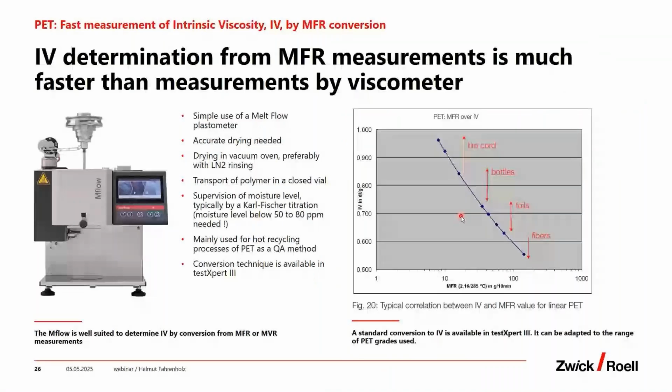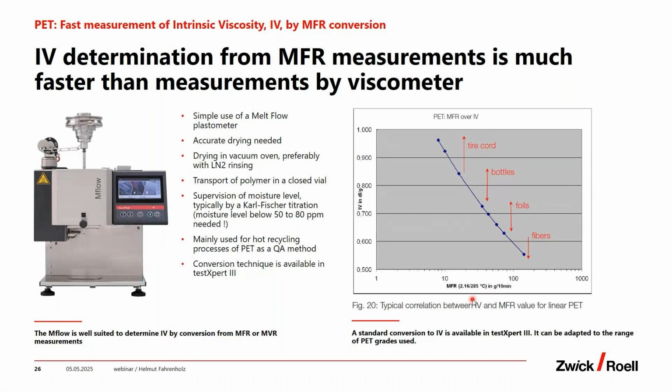But it is known that there is a correlation between the IV value and the melt flow rate. So once you know the conversion between melt flow rate and IV, you can easily reconvert. And the advantage of such method is that it is quite fast.